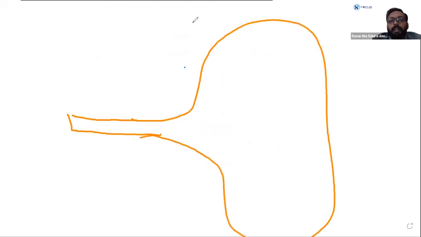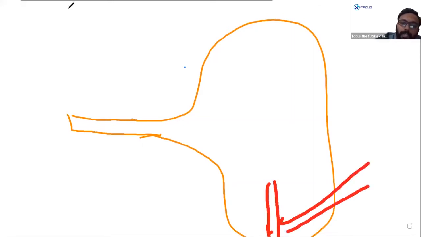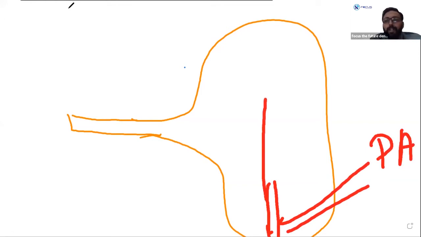Okay. What about the artery first? We have the external carotid artery coming up, with the posterior auricular artery going backwards. This goes up and it divides into its terminal branches.